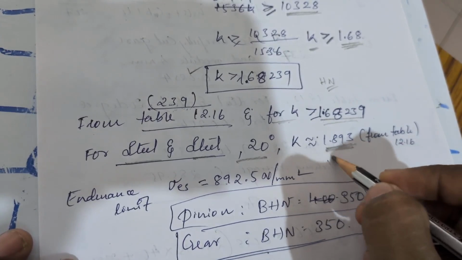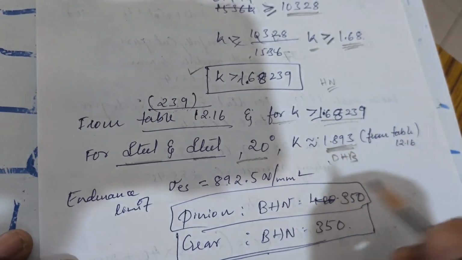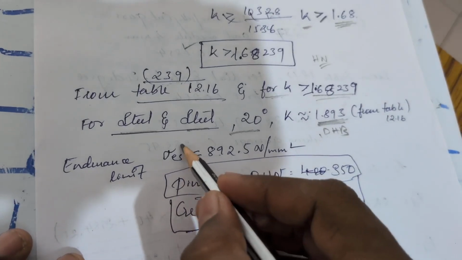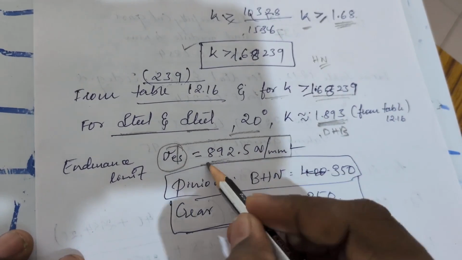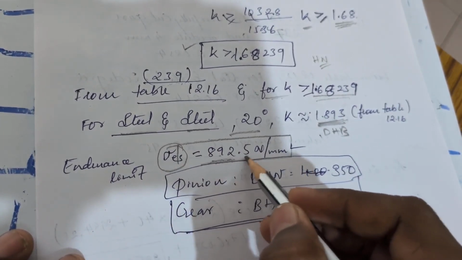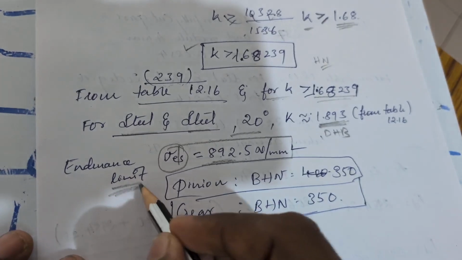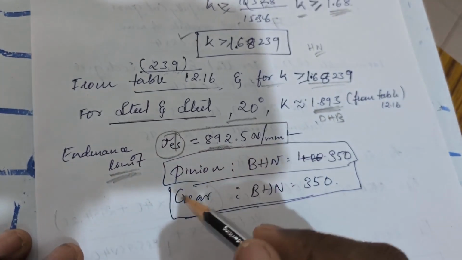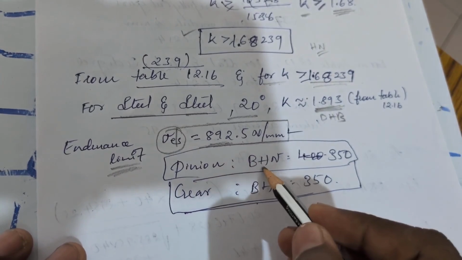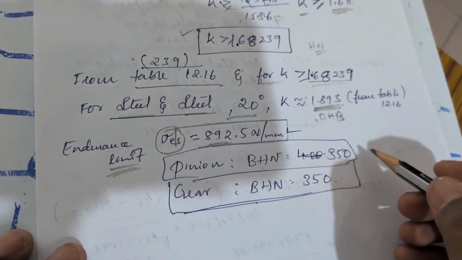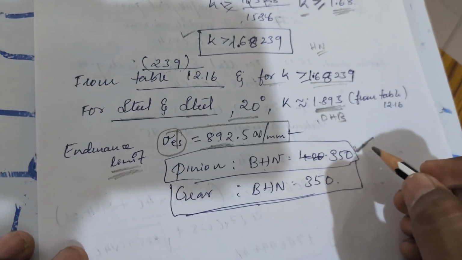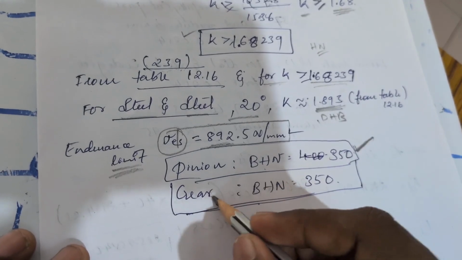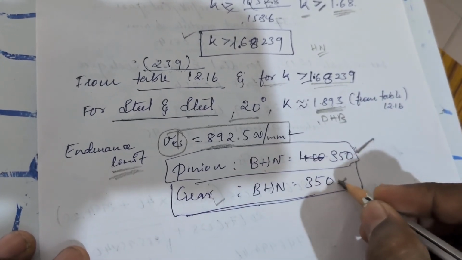This is from the data handbook which I have taken. The sigma ES which I got for that K value is 892.5, which is the endurance factor, and the pinion BHN from that same Table 12.16 is 350 BHN, and the gear is also 350 BHN.